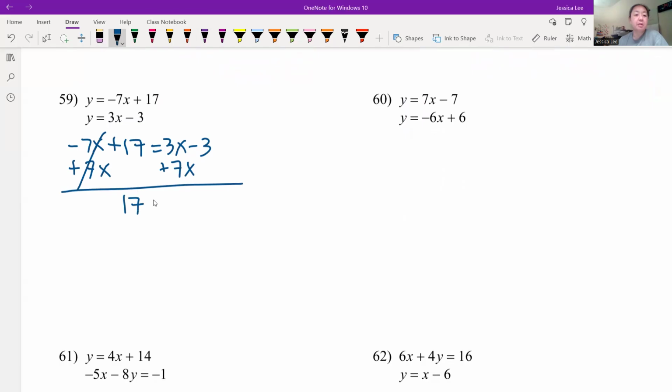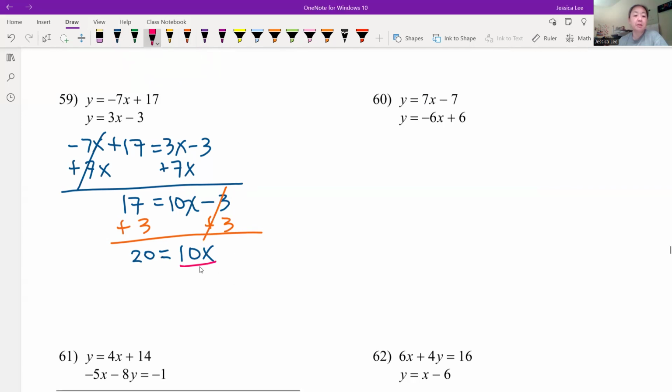And we got 17 is equal to 3 plus 7 is 10x minus 3. Again, two-step equation. We have 2 steps to get the answer. So 17 plus 3 is 20, which is equal to 10x. And then we're just going to divide by 10, because that's what's in front of the x. And we got 2 is equal to x.